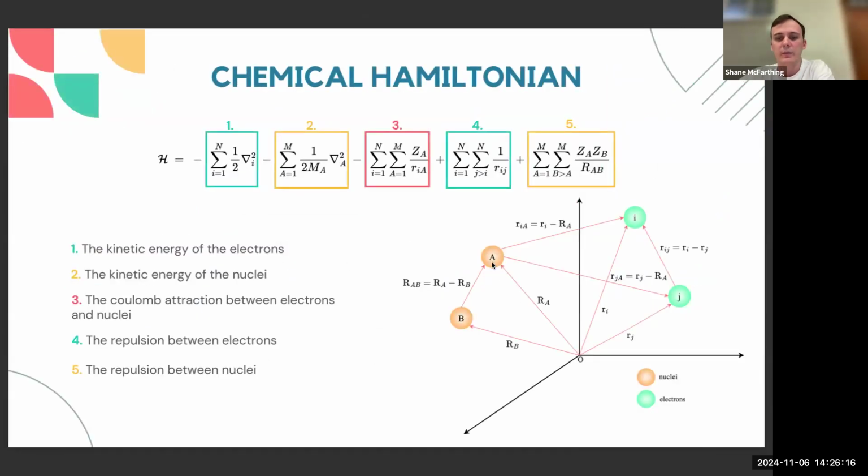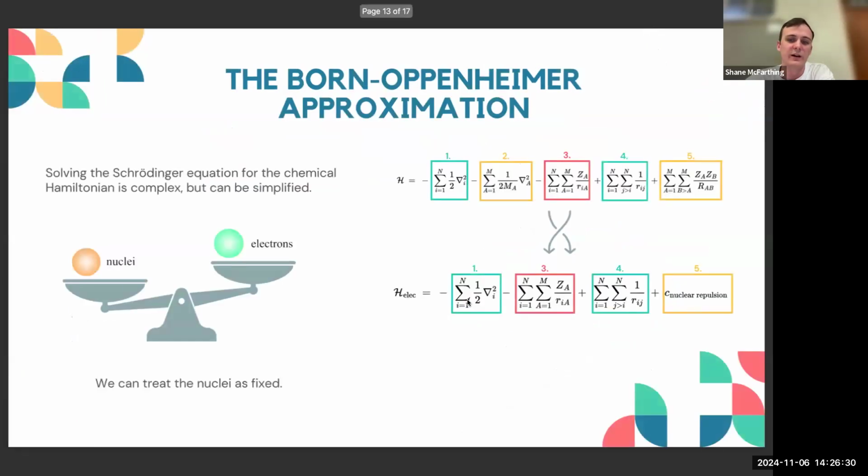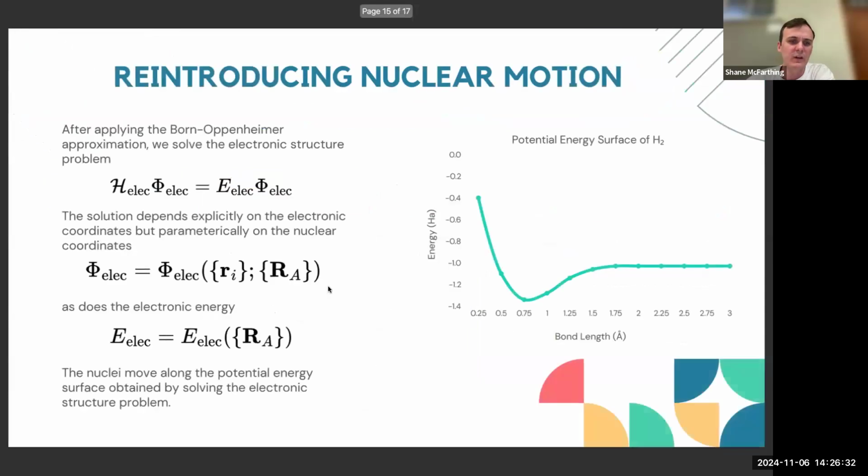So the parametric dependence comes into play with the geometries and how we set the geometry of that specific molecule, moving it around and reducing and lengthening this bond, this distance between the nuclei in the chemical system. So we can solve the electronic structure problem, and this gives us an electronic energy for a given geometry of the system.